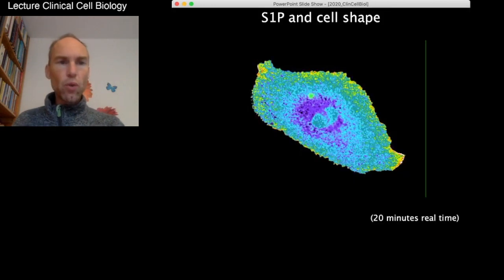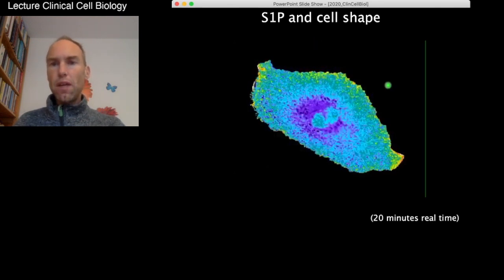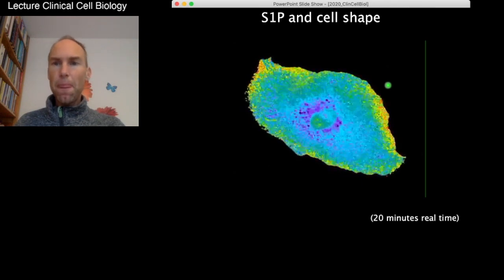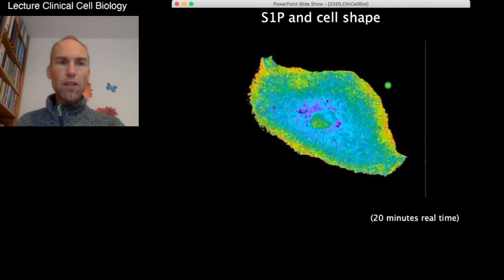So we started to look at individual cells. This is again an endothelial cell that is activated with sphingosine 1-phosphate. I'll run the movie, and what you see over time, hopefully, when you look at the shape of the cells, I'll run it again.